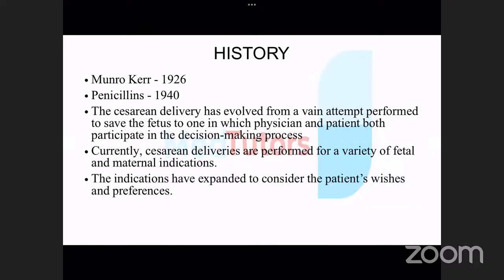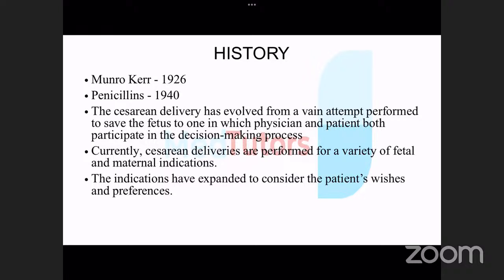Now, the modern history of cesarean section is actually attributed to the following. Murakir in 1926 popularized the use of the anterior transverse uterine incision. In the 1940s, when penicillins were developed, the advent of antibiotics reduced the morbidity associated with cesarean section, and therefore women started surviving cesarean section due to various indications.